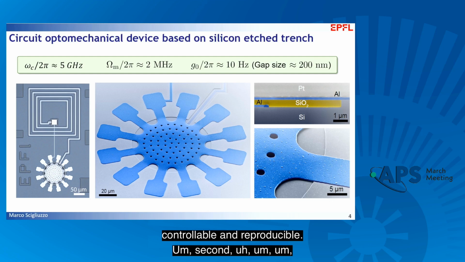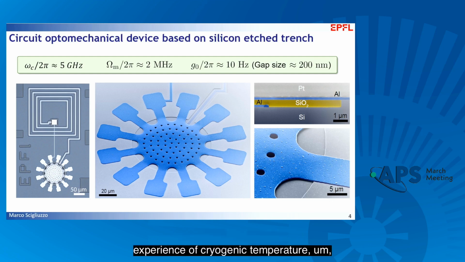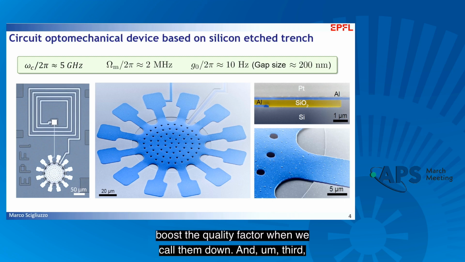Second, the tensile stress that this aluminum film experiences at cryogenic temperature boosts the quality factor when we cool them down. And the third benefit is that we can implement some dissipation dilution on the clamping point.